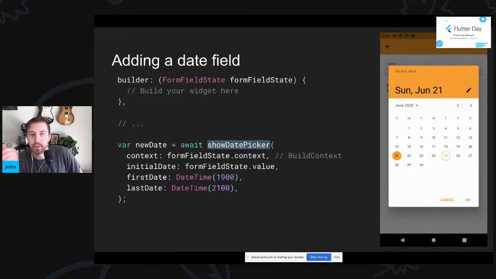When the user is done with the date picker, it's an asynchronous operation. So the user could be viewing this for a very long time. And then once the user is done, this show date picker future completes, and this var new date is populated with a value. So you can think of it, my program actually hangs on this line here where I'm awaiting the date. And if the user doesn't tap anything, I think the date is null.